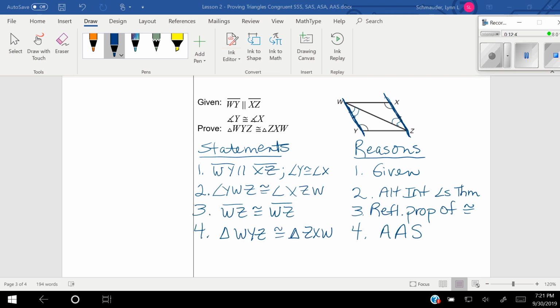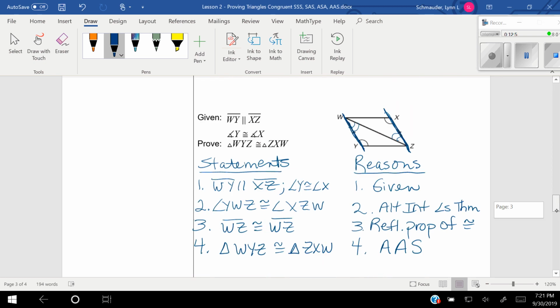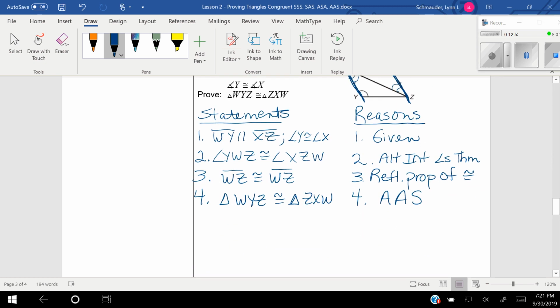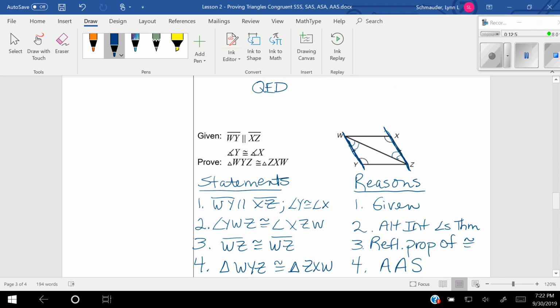So this proof here isn't all that different from the one we just did. We write down our given statements, and then what we can see, because WY is parallel to XZ, is that again, if we let WZ be a transversal here, then we've got alternate interior angles right here and right here.